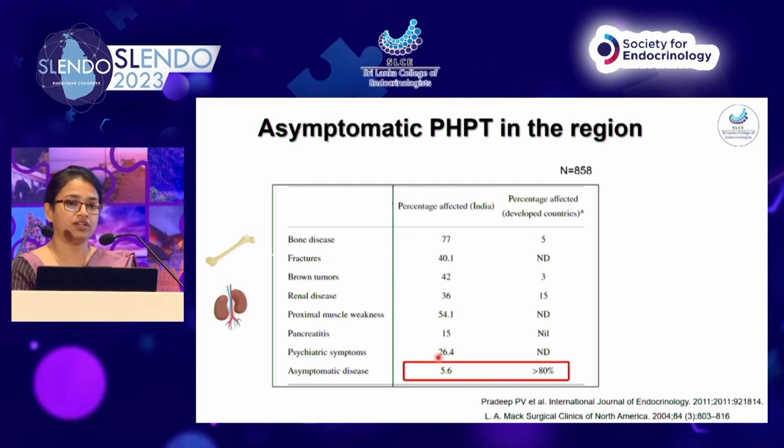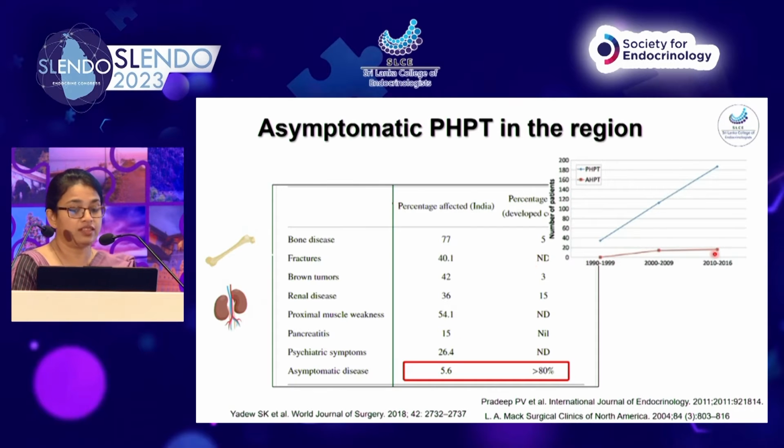So in our region, the majority of patients with hyperparathyroidism present with symptoms or later in their disease course, compared to the Western countries where routine screening for osteoporosis and calcium analysis is done. You can see the rate of detection increases, but still, in our part, the prevalence of asymptomatic hyperparathyroidism remains lower than symptomatic.